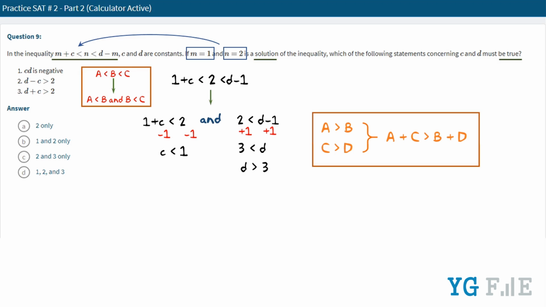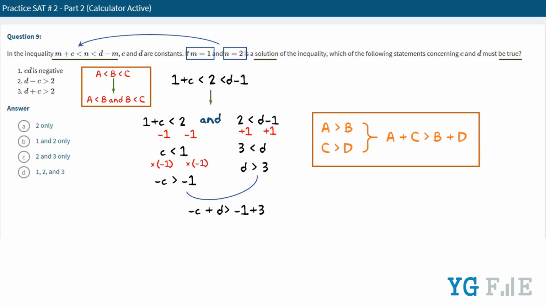So we can multiply this inequality by minus 1. So we will have minus c is greater than minus 1. Now we have two inequalities with the same inequality sign. Then we can add them to get minus c plus d is greater than minus 1 plus 3.